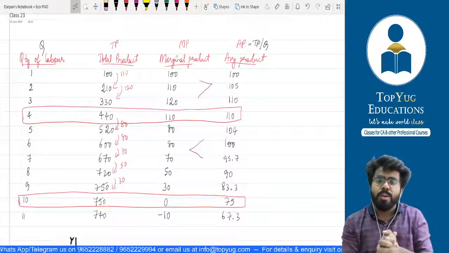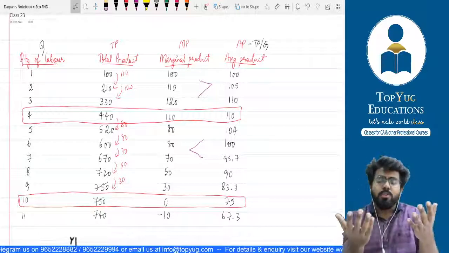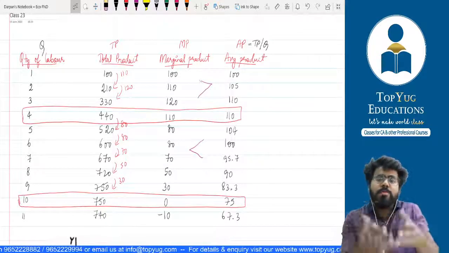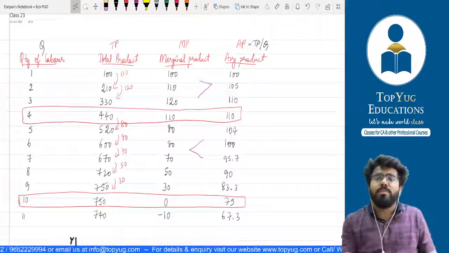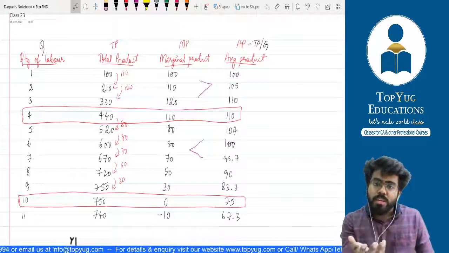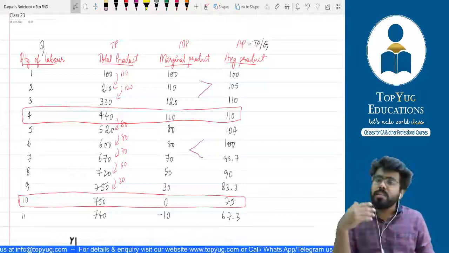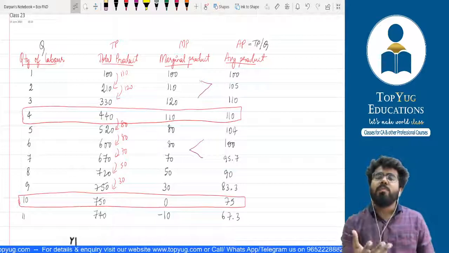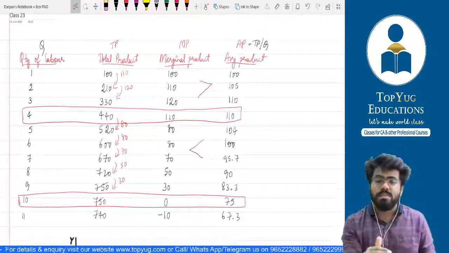They're not properly doing your work, and also your management is not able to manage so many people. They were able to manage only about 8 to 9 people, but now you have employed one more laborer, which they cannot manage. Also, your machinery had a limited capacity. You have well exceeded that capacity. Beyond that, if you keep on increasing your laborers, then your total product, instead of rising, will reduce.